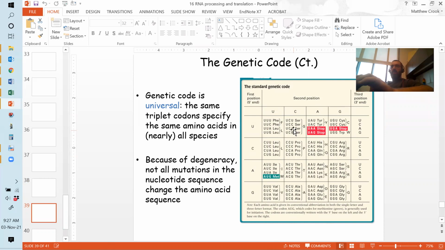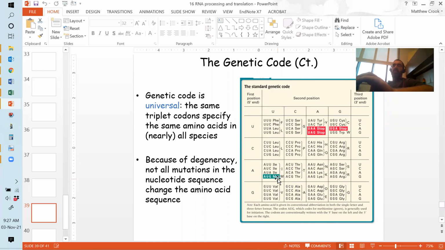Now, some amino acids, there's only two, methionine and tryptophan, are basically encoded by only one codon. So these are unique. I'm pretty sure there's no tryptophan anywhere else. Let me just double check. Yep.